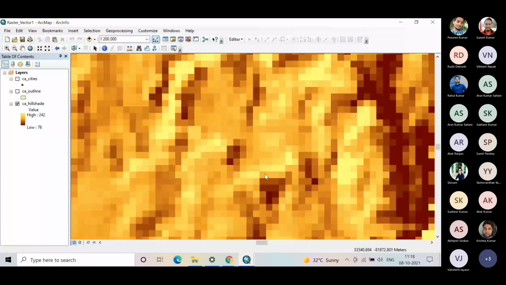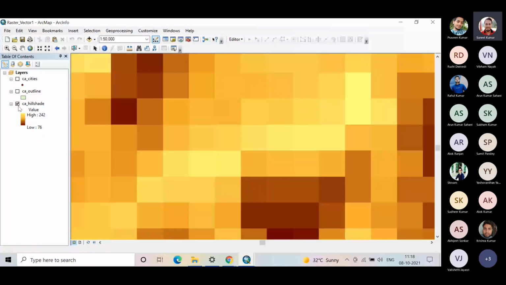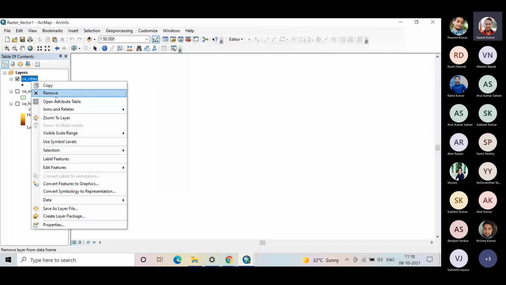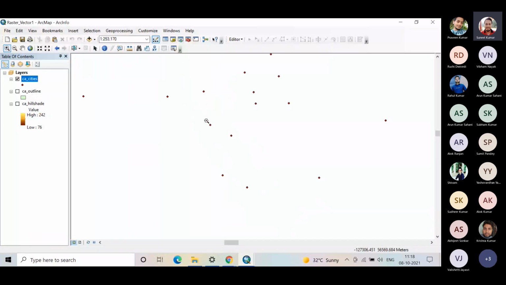So if I am zooming in, automatically the size of the pixel is increasing, isn't it? Now let's see the same thing on a point. Suppose I zoom in into some point. I am increasing the zoom, but the point size is not increasing. It is just taking a point. It doesn't matter how much I zoom into it.